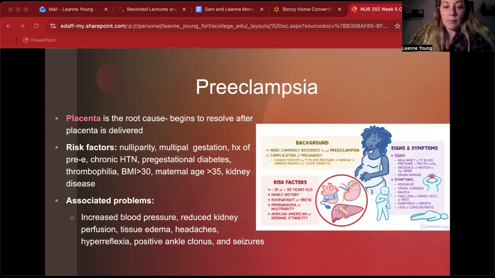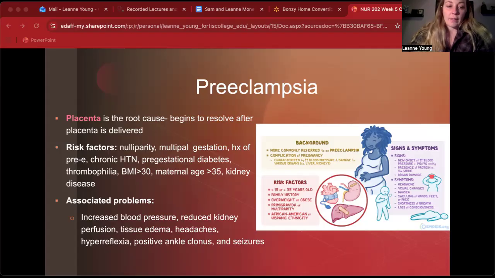What are our associated problems? So, increased blood pressure, obviously. With preeclampsia, we typically see moms have sustained high blood pressures. We are going to see a decrease in kidney perfusion, so mom is going to urinate less. She may have a little bit more swelling, edema, and extracellular fluid increase as a result.